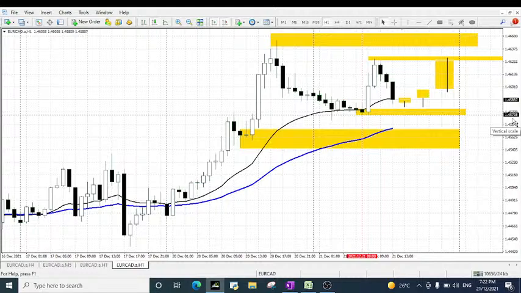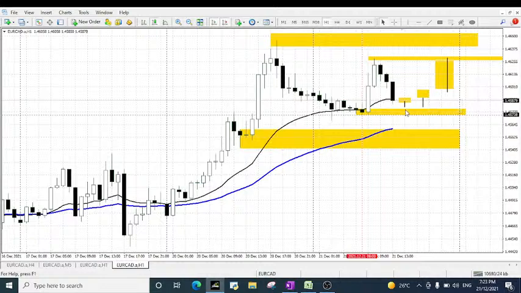Let's say the probability is like 15%. So 85% of the time that level will not be taken out. But if it's taken out, well, it's a totally different scenario that is playing out.